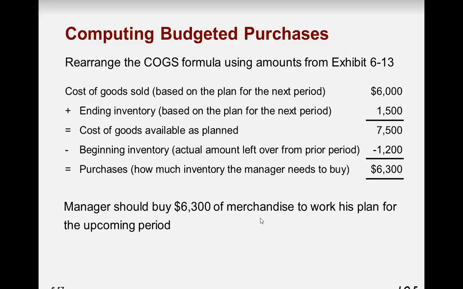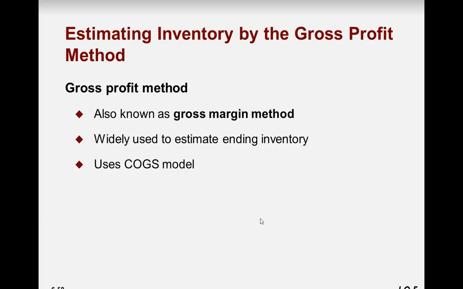I should always plan to have some, and that's going to equal what I need to have available for sale. And then I subtract my beginning inventory, how much I actually had left over, and it gives me how much inventory I need to buy. And I mean, this is a budget. It's an approximation, but it helps to plan ahead and buy the right amount of inventory.